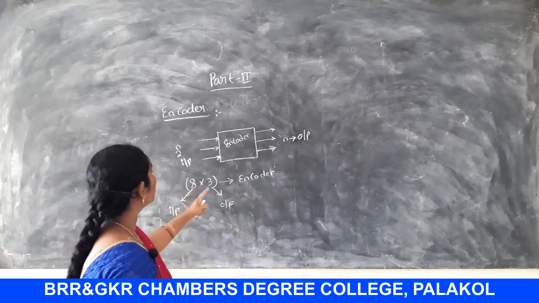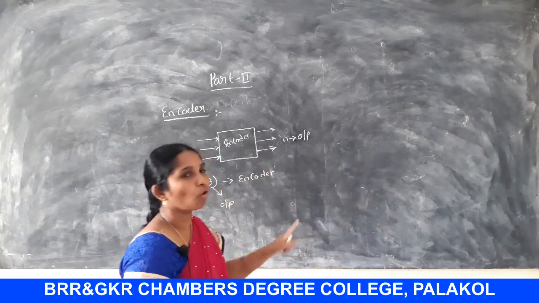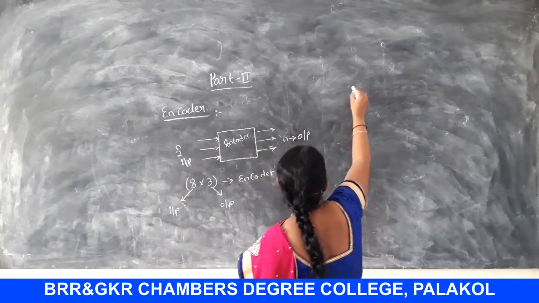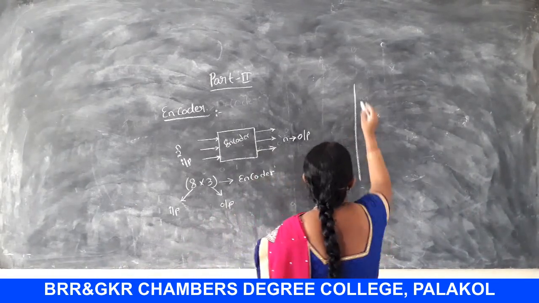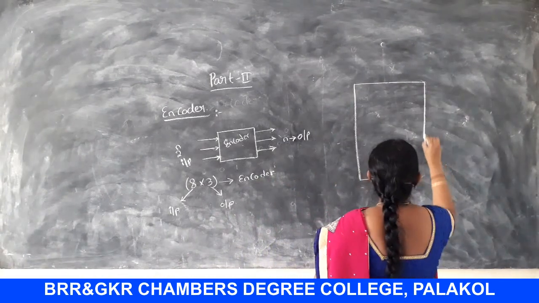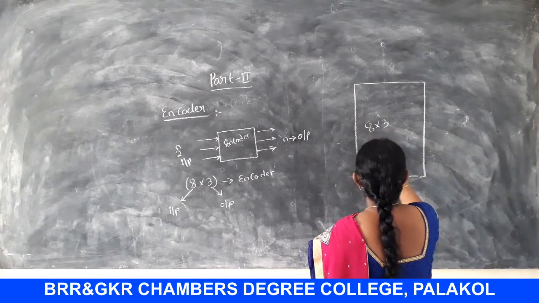So by using this 8 cross 3 we have to draw the block diagram. So this is the 8 cross 3 encoder.